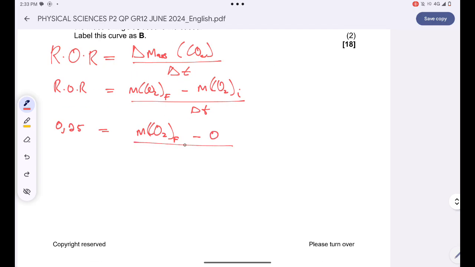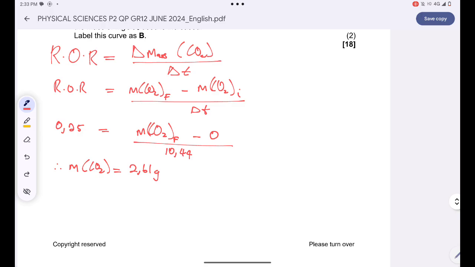The reaction reached completion after 10.44 minutes. So this can simply give me the mass of carbon dioxide which was formed. So 0.25 multiplied by 10.44 will simply give me 2.61 grams. I now know that I formed 2.61 grams of carbon dioxide.